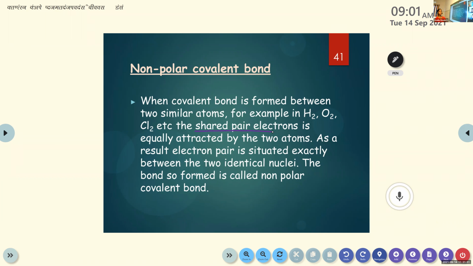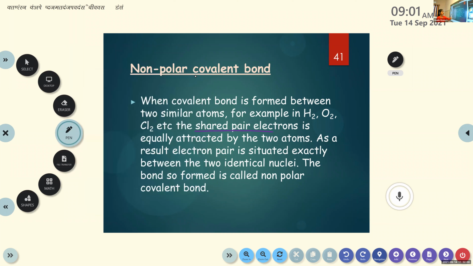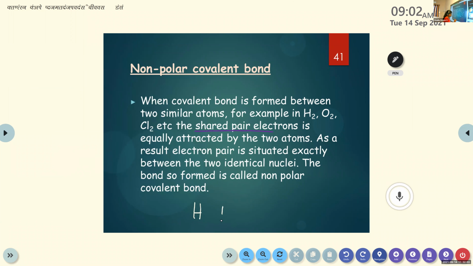When the two atoms combine by covalent bond, they will share electron pairs, and this electron pair will be distributed equally between these two atoms. That means the electron pair is situated exactly between the two identical nuclei. The bond formed through this type of bonding is known as non-polar covalent bond. You can write the examples, H2 molecule, then O2 molecule, etc. Here, the two electrons can be represented like this, at the exact center of both atoms.